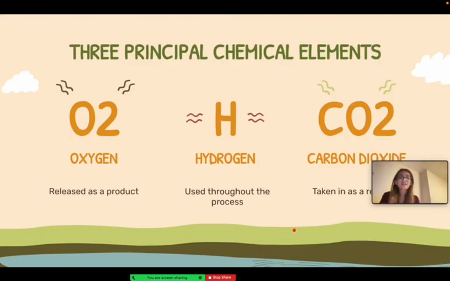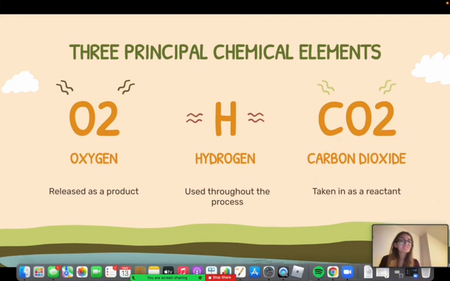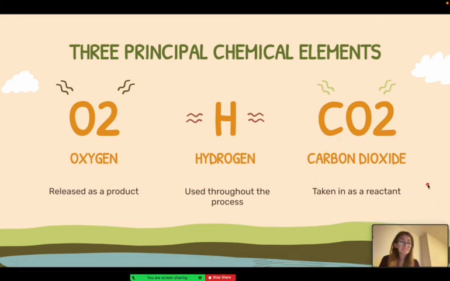Lastly, in our last slide, this is just to wrap it up. We're going to mention a new idea as well, but it's going to be very short and simple. So we talked about oxygen, which is released as a product in the photosynthesis process. We talked about carbon dioxide, which is taken in as a reactant. We didn't talk about hydrogen, but it is very important because it is used throughout the process.